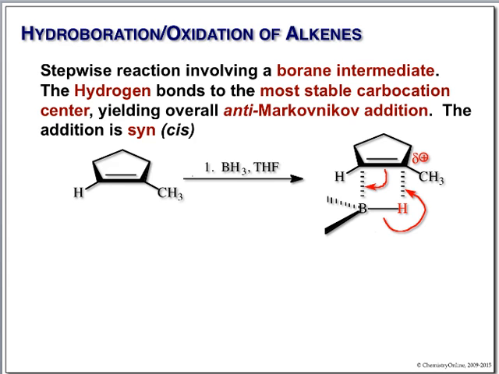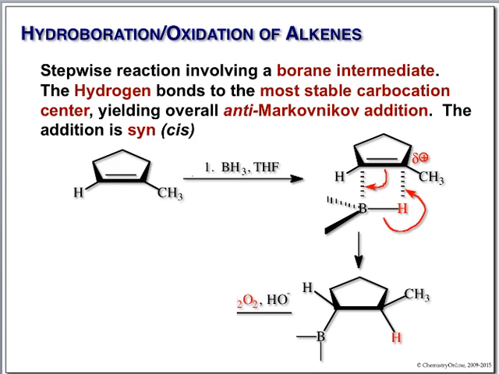All right, so we're there. In one magic step, H minus goes up, boron goes here, and we get the organic borane. Now, our second step, we have to get rid of the boron. We're going to get rid of the boron by dumping in peroxide.